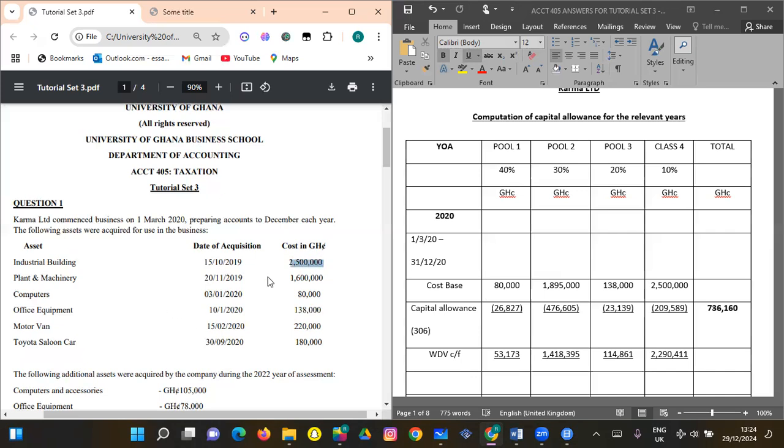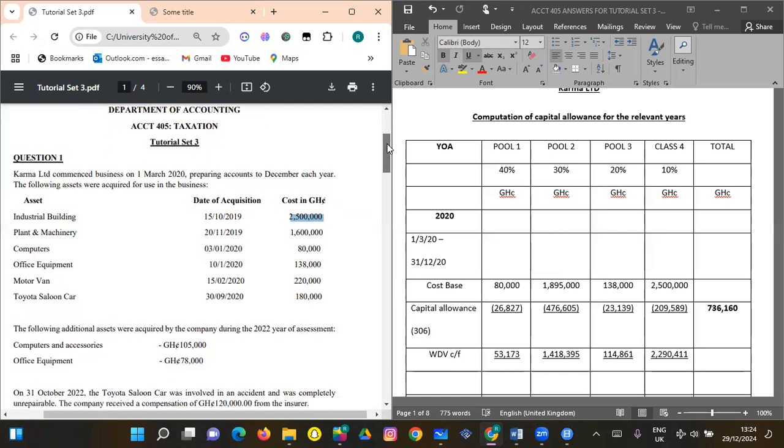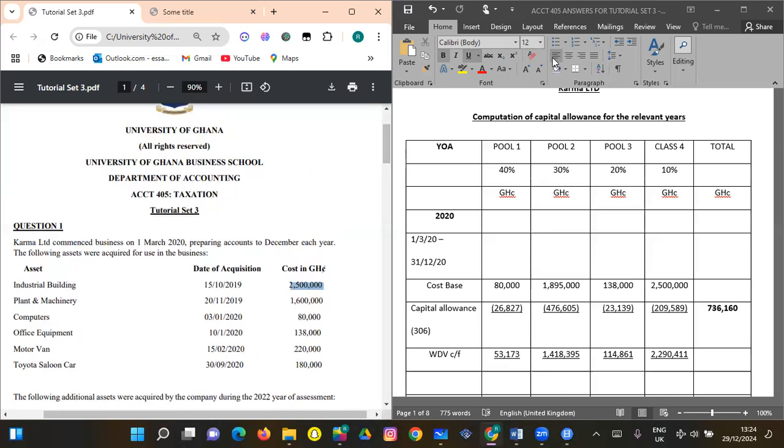Right. So I told you to take note of the basis period, which is from 1st March to 31st December. So we are going to have 306 days out of the 365 days. Basically, whatever you are going to do in the first year will be based on the basis period.